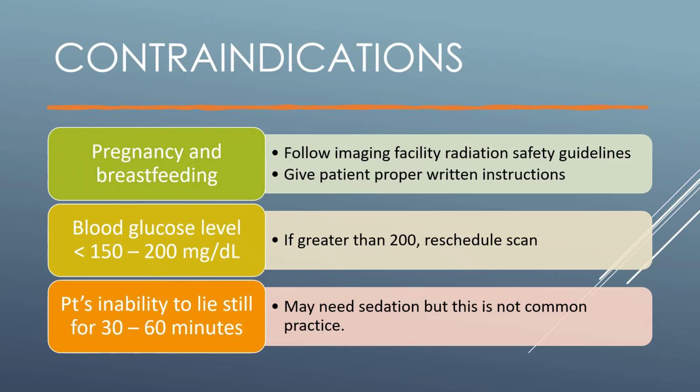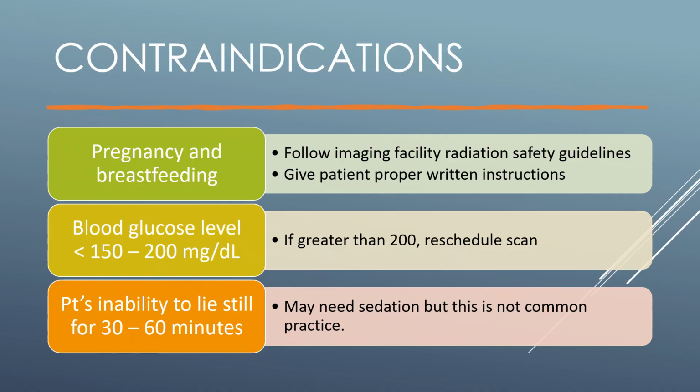The patient must be properly informed and sign a waiver. And then, of course, always follow the imaging facility's radiation safety guidelines and make sure that the patient is educated, signs a release, and has been given proper written instructions and that they actually understand them and agree to follow them.